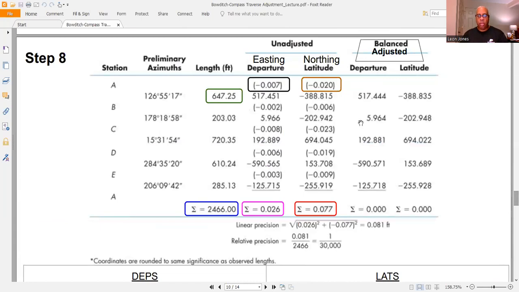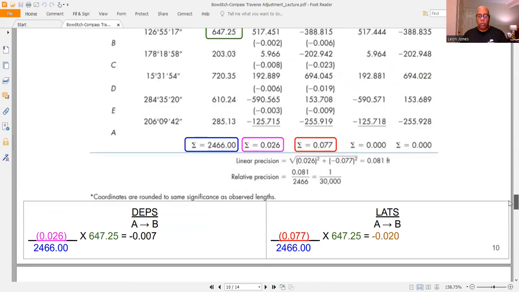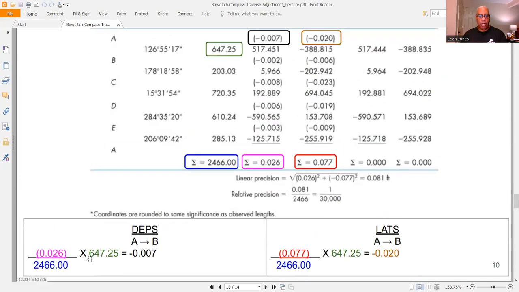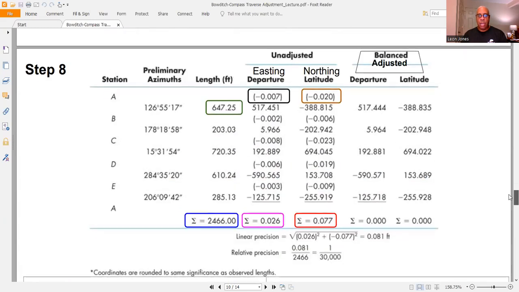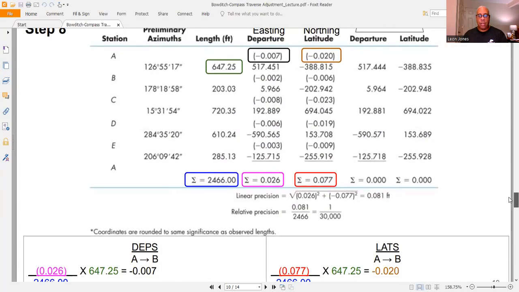Like up here, there's error, and so when we computed all the error, we use these formulas right here. This is how they came up with that negative 0.07 and that negative 0.20.